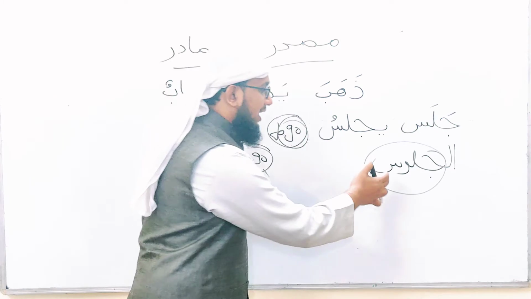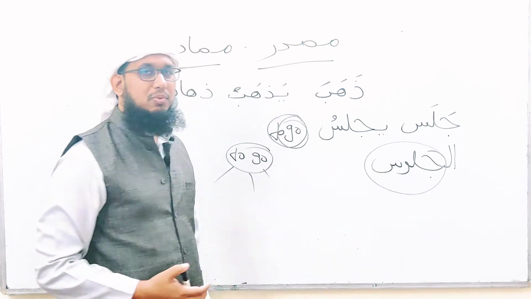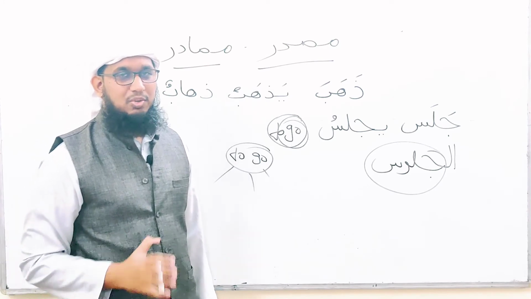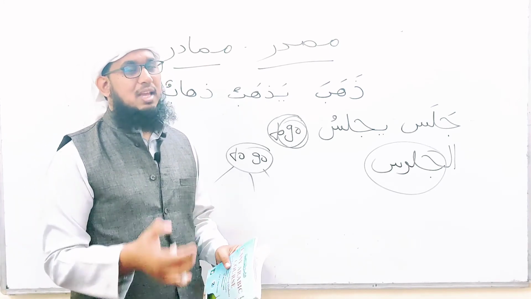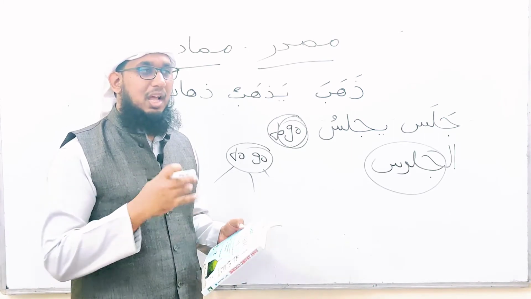So the masdar is a noun, it may take alif lam, and it may take tanween if there is no alif lam. You understand? We will do some exercises and you will understand what actually is masdar and how we understand it.